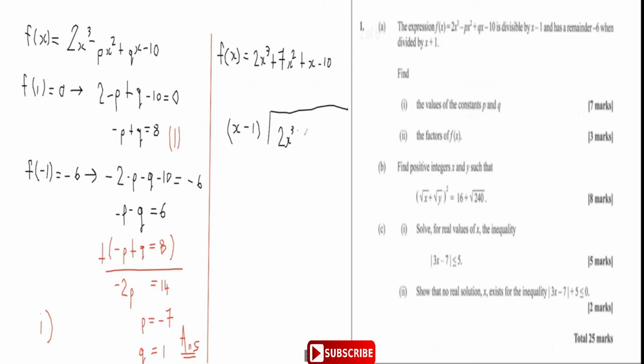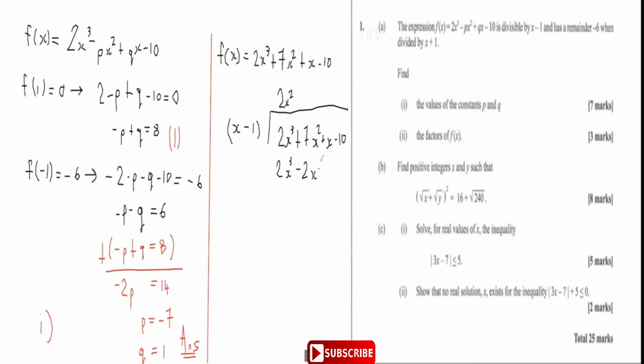We have 2x cubed plus 7x squared plus x minus 10, divisible by x minus 1. So let's do the division. x into 2x cubed leaves 2x squared. Then 2x squared times x is 2x cubed. Then 2x squared times minus 1 is minus 2x squared.